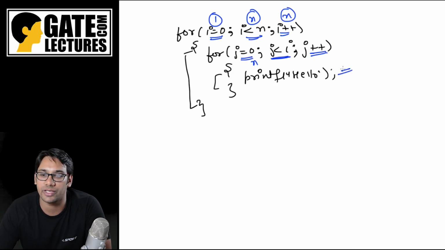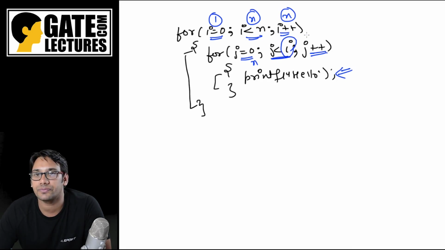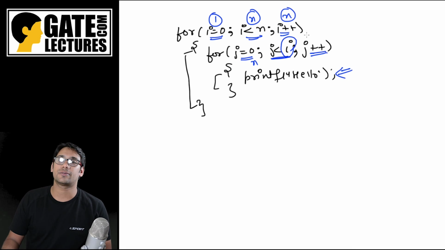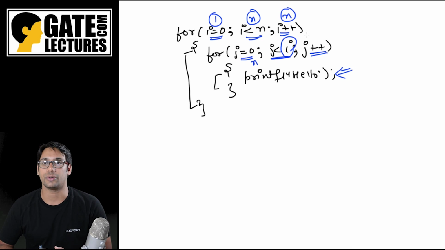But what is the problem here? The value of j is dependent on the value of i. Now you have to identify how many times the j statement and this printf statement will be executed.